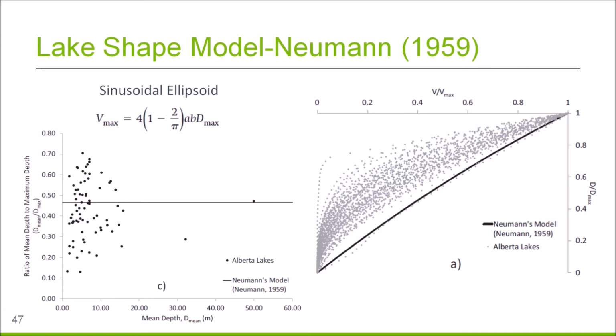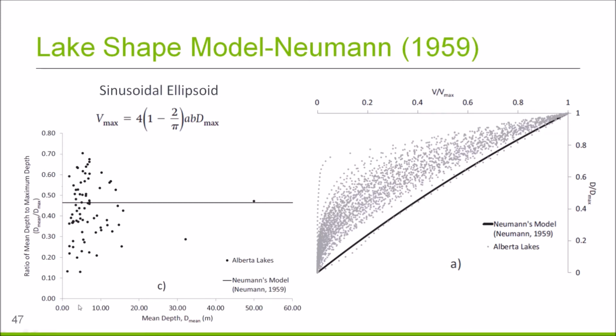In order to do that, the first thing we looked at is some of the lake shape models available in the literature. The first one is what we call the Newman model, from a 1959 paper. I have two different plots here.